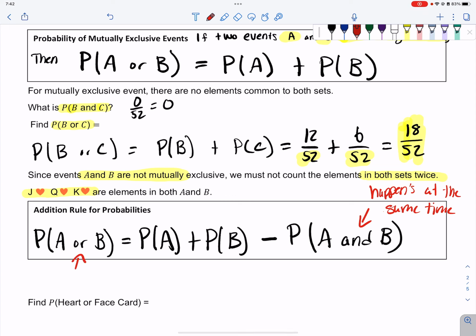While the "or", our probability of A or B that we're trying to calculate here, is either of the 2 conditions. We're drawing one card, it needs to satisfy A, it needs to satisfy B, or it could do both if it wanted to. But it just needs to satisfy at least one of the 2 conditions that we have.